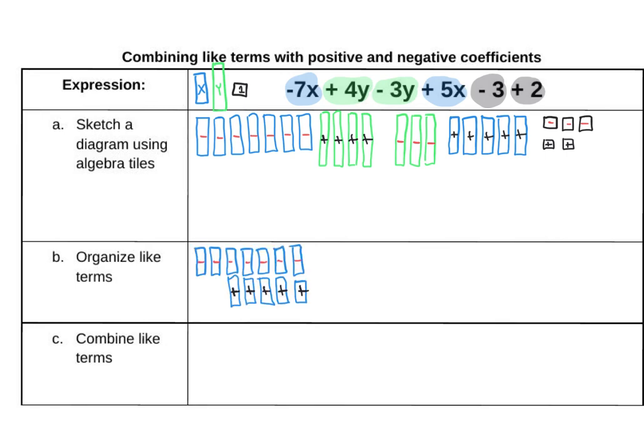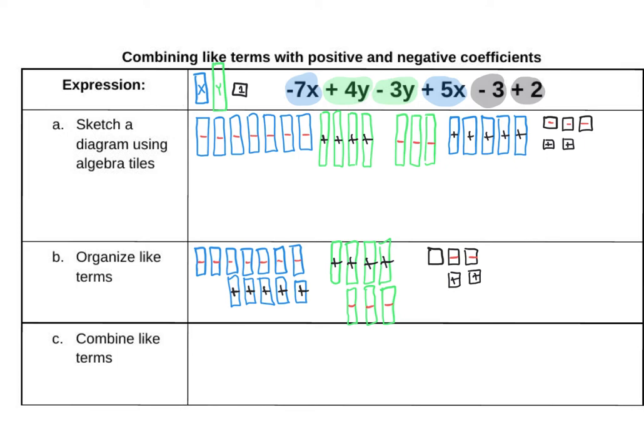And when I'm doing this, I like to line my positive and negatives right up against each other so I can see where the additive inverse shows up, or where I have, like right in here, I have 1 positive and 1 negative. So I know that will make a 0 because 1 minus 1 is 0. And I'm going to do the same thing with my y's and my units.